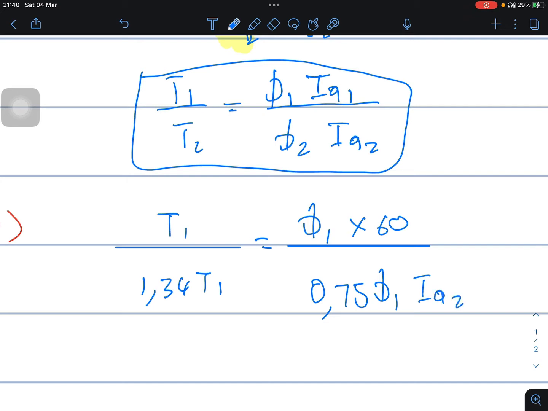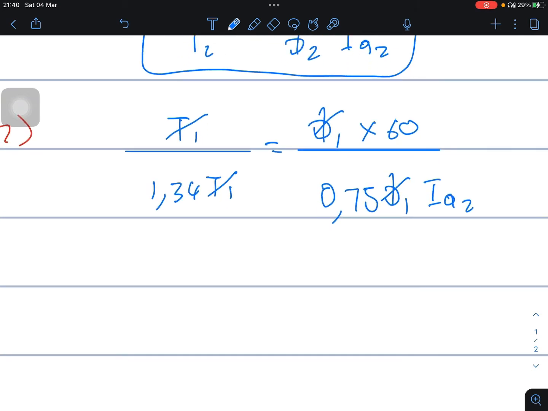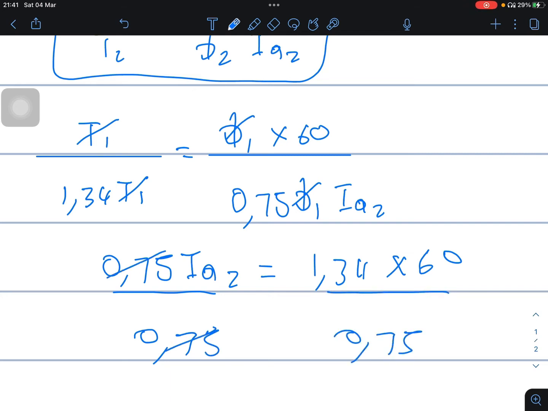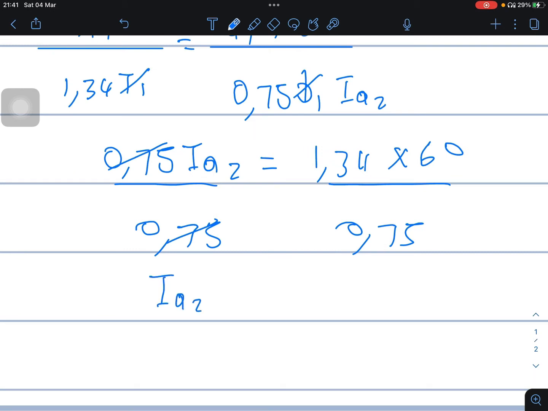We see that the T1s cancel and the flux 1s cancel. Now we can find IA2 by cross multiplying: 0.75 IA2 equals 1.34 times 60. Then we divide by 0.75. This cancels that. You find IA2.